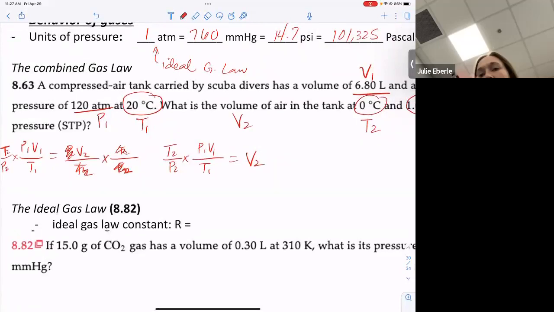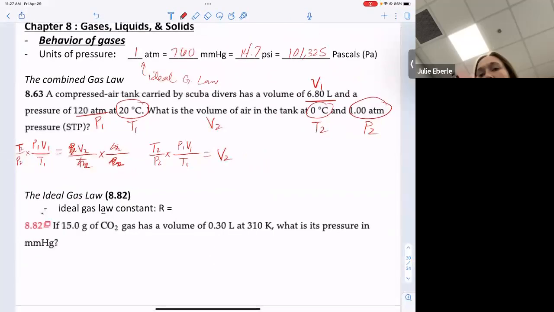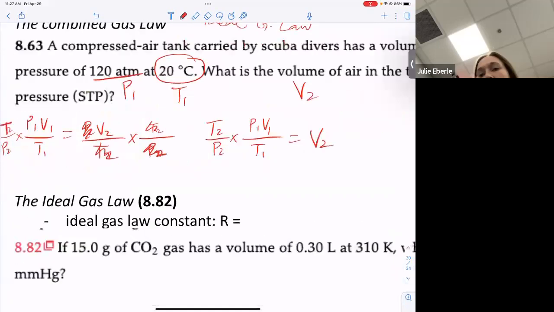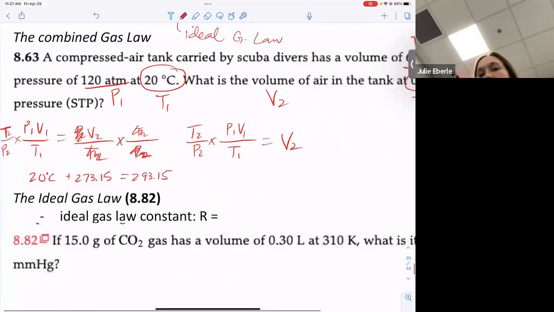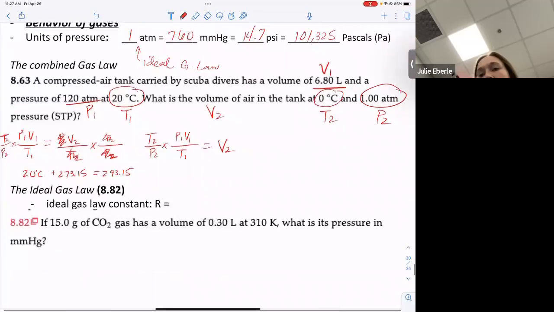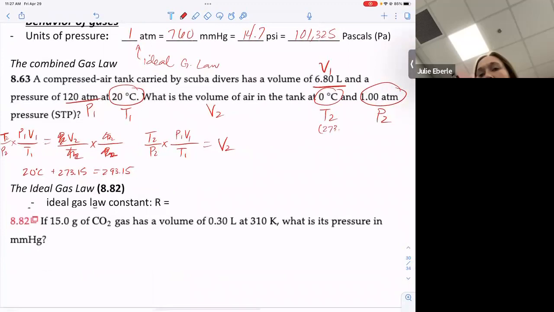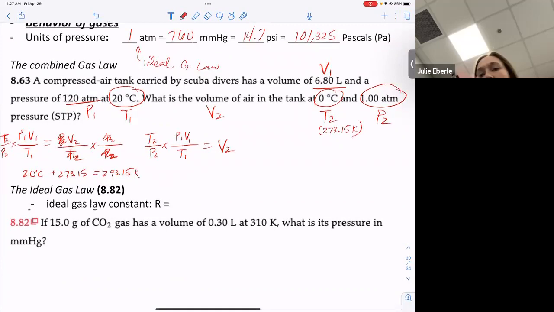Change to Kelvin. Always change them to Kelvin. So 20 degrees Celsius plus 273.15 is 293.15. And then 0 degrees Celsius is equivalent to 273.15. So we've got our temperatures converted, and pressure is in ATM, so we're good there.